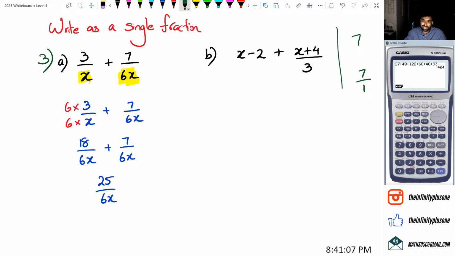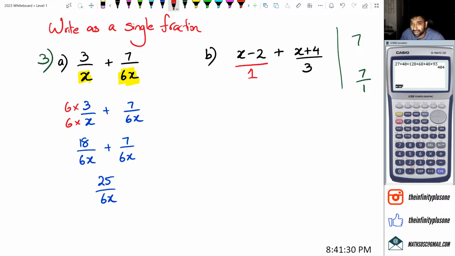So 6 over 1 is still a fraction, and the 1 becomes the denominator. Keeping that in mind, what we've got here is x minus 2, and we're going to put this entire x minus 2 on top of a denominator, which in this case is 1.